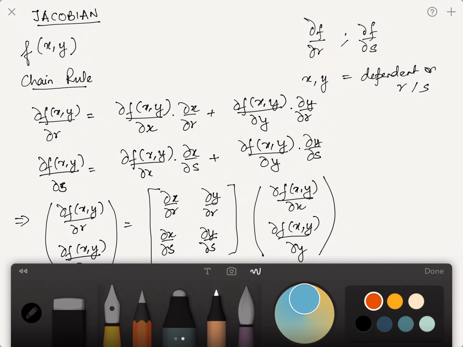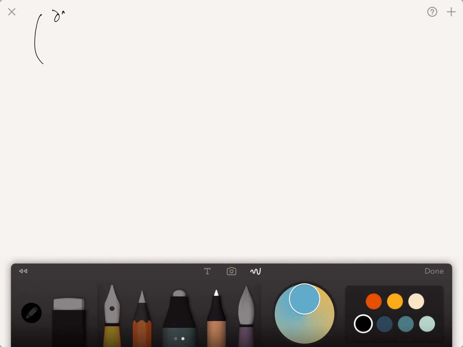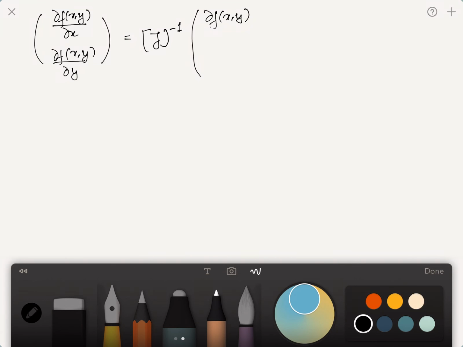So this particular matrix is now called the Jacobian and can be written as matrix J. The relation can also be inverted. That means we can also write ∂f/∂x and ∂f/∂y is equal to the Jacobian inverse times ∂f/∂r and ∂f/∂s.